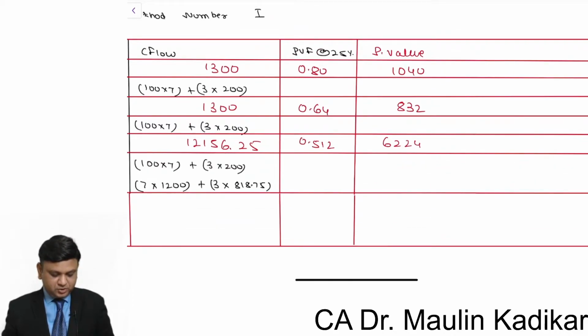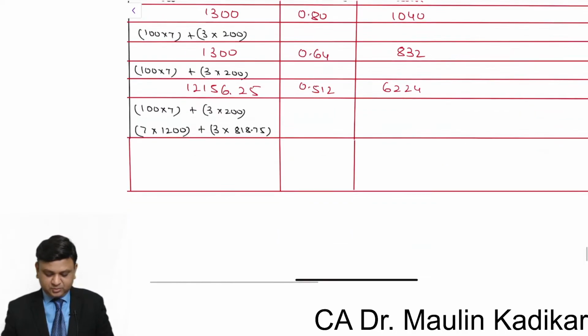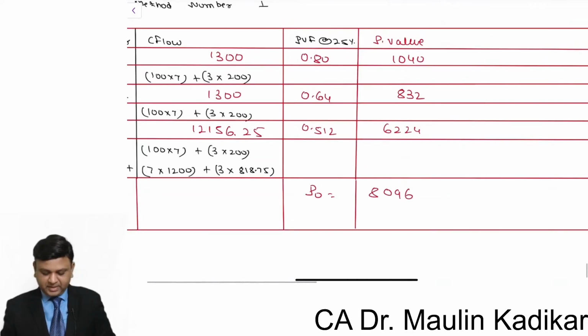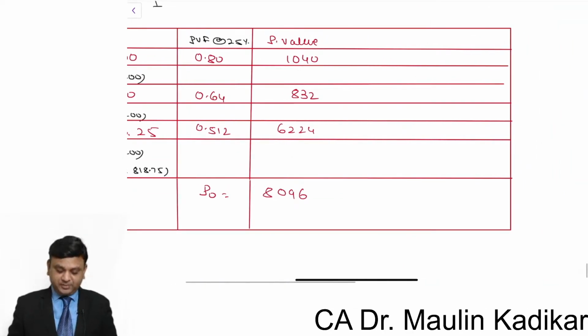So 1040 plus 832 plus 6224, that comes to 8096. That is the present value of your portfolio.